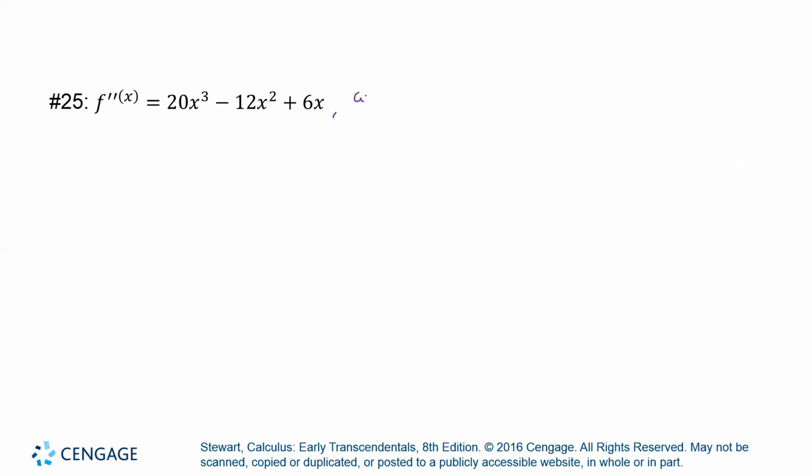The derivative of f prime is f double prime, and the antiderivative of f prime is f. So we're going to do two steps.